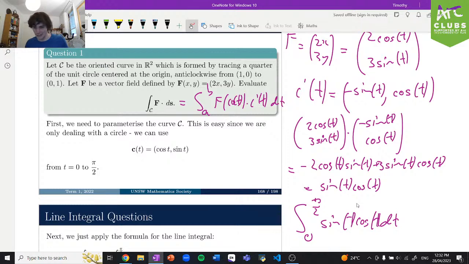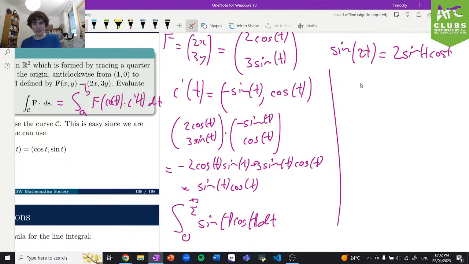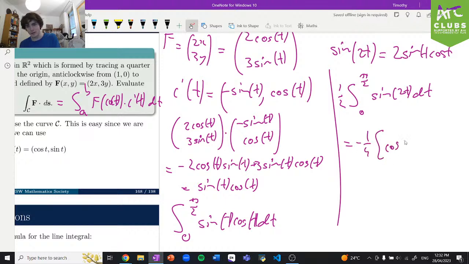Now, this is at face value a fairly gross integral. The way I'm going to integrate it is using the fun fact that sine of 2t is equal to 2 sine t cos t. We can substitute that in to say this integral is half the integral from 0 to pi on 2 of sine of 2t dt, which, quickly evaluating, is negative 1 on 4 cos 2t from 0 to pi on 2.